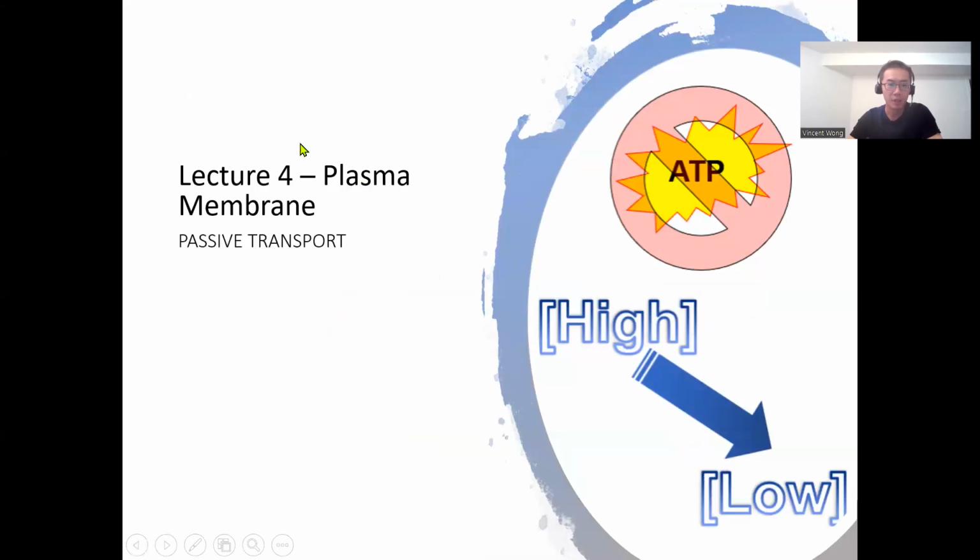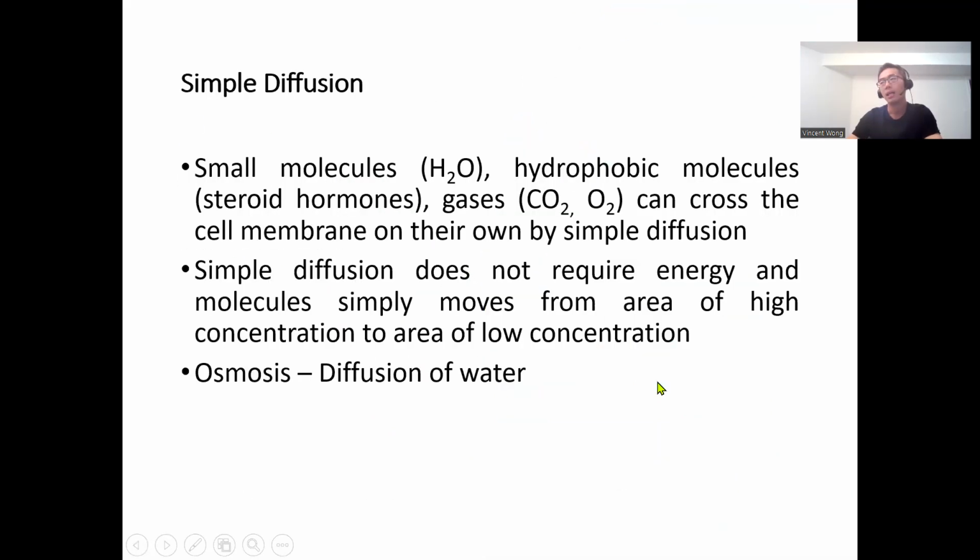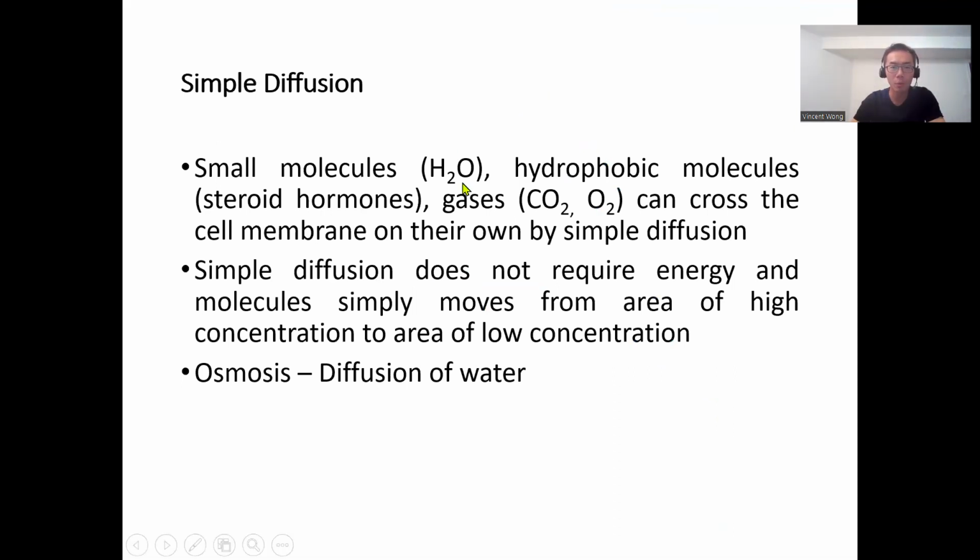Let's begin with passive transport. Simple diffusion, the one that we were talking about earlier, with the blue dye, with the Febreze, if you remember. Small molecules like water, gases and hydrophobic ones, are able to cross the cell membrane on their own with simple diffusion. If they're small enough, they can squeeze through tiny gaps in the cell membrane.